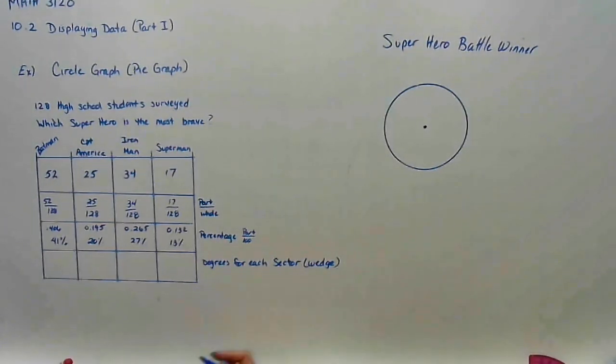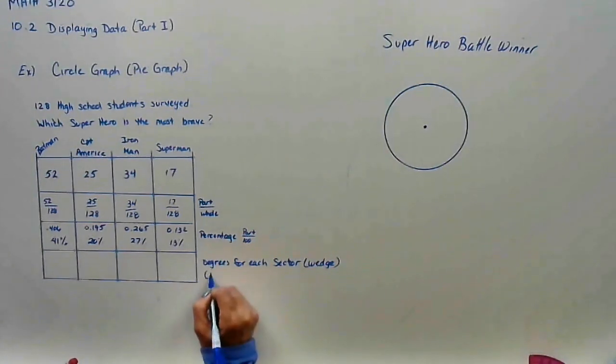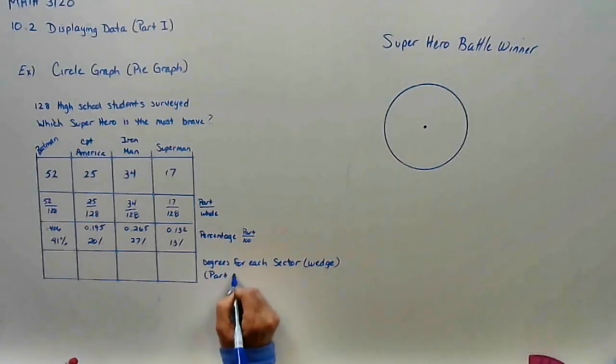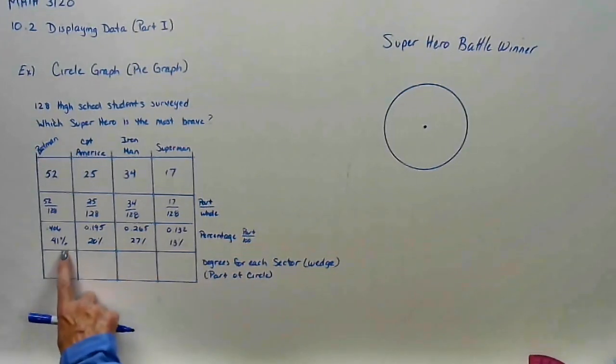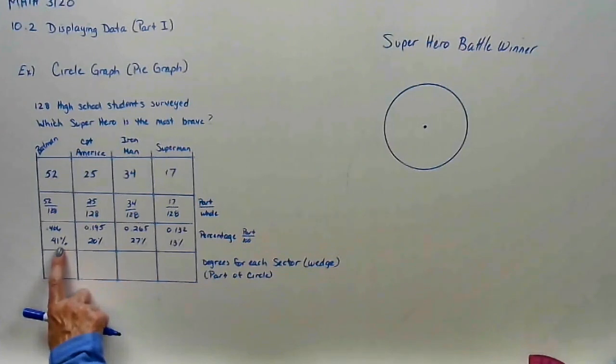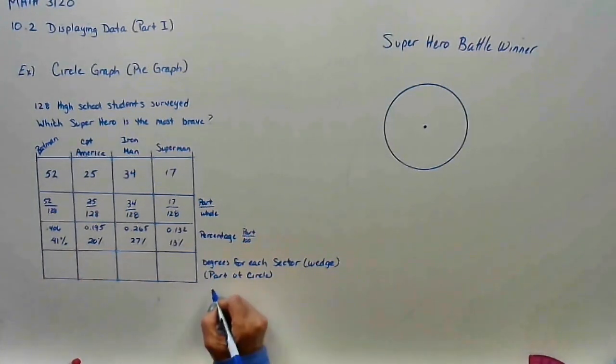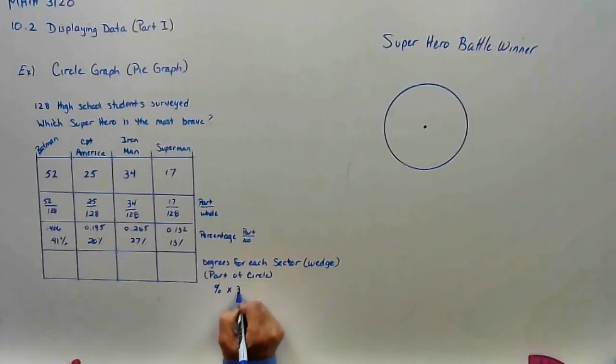Now there's 360 degrees in a circle, so I want to know what part of the circle do we have here? I know I have 41% of the circle, so I need to take the percentage. Okay, so take your percentage and multiply it by 360 degrees to come up with each wedge or sector.